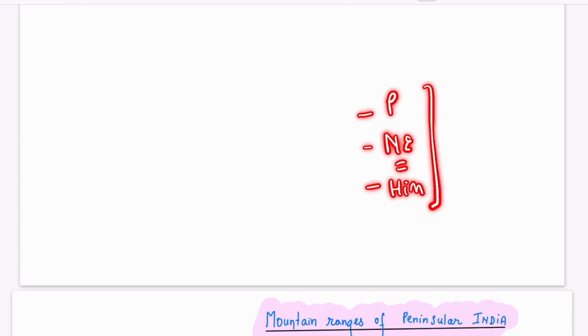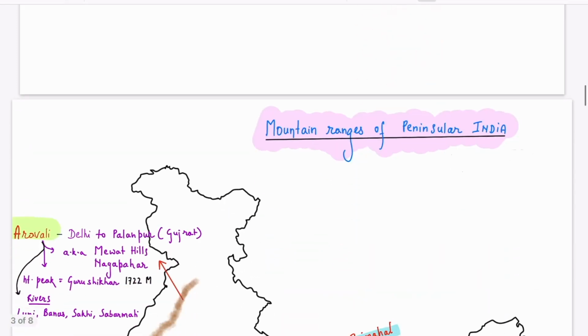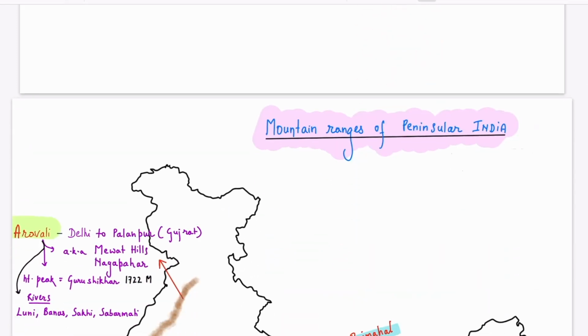Now, first of all, the reason why I have divided it in three parts is because I already told you that we want to ensure that they happen to be most comprehensive, and putting all that in one video might make it undigestible. So, therefore, we have divided it in three parts. Today is part 1 of theme 2, that is mountain ranges of peninsular India.